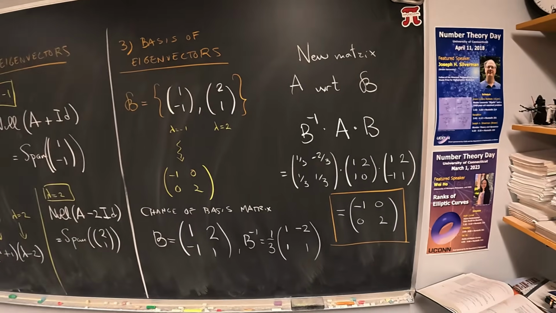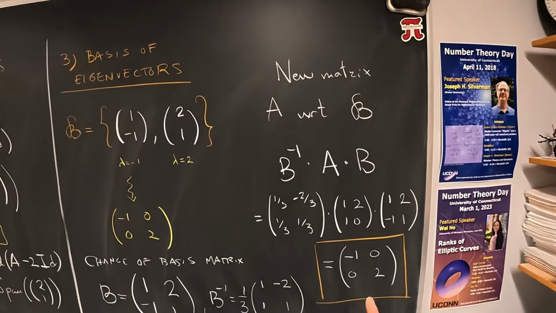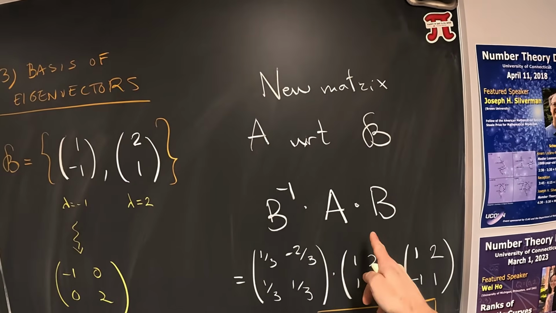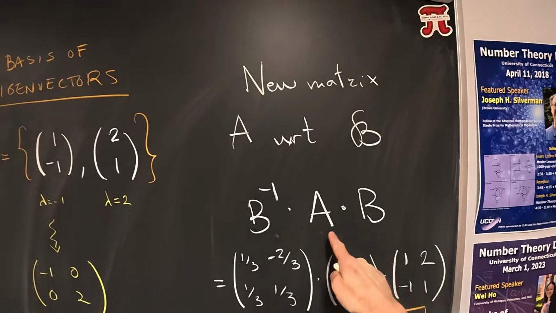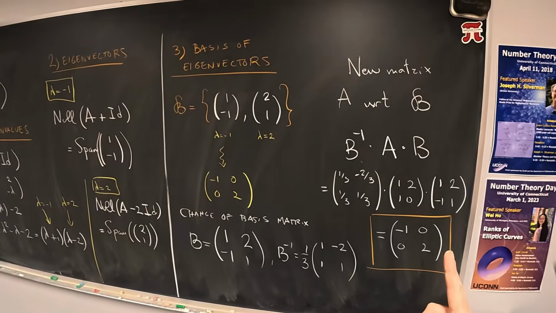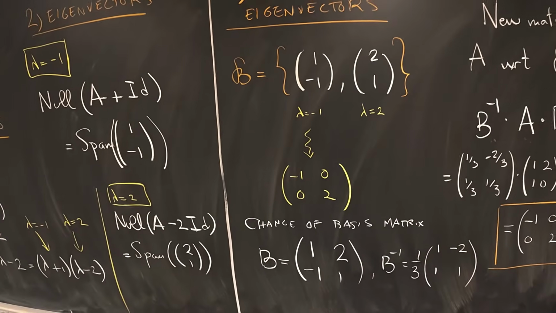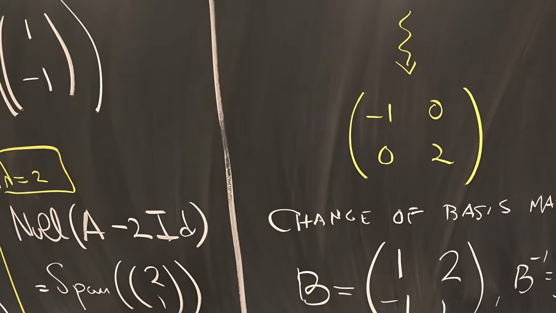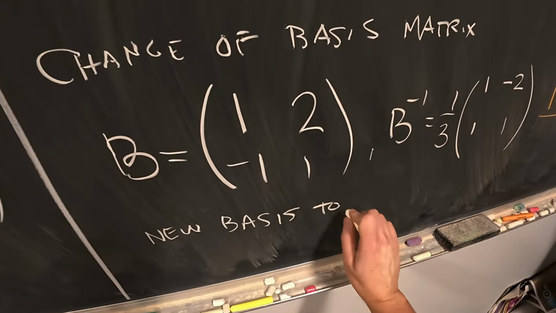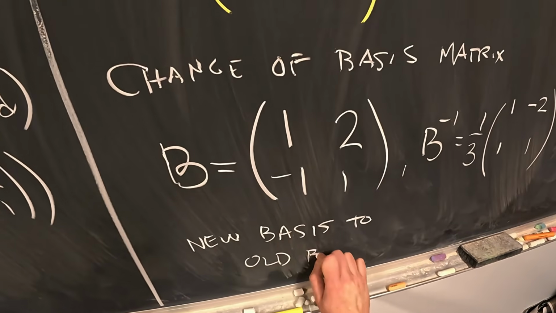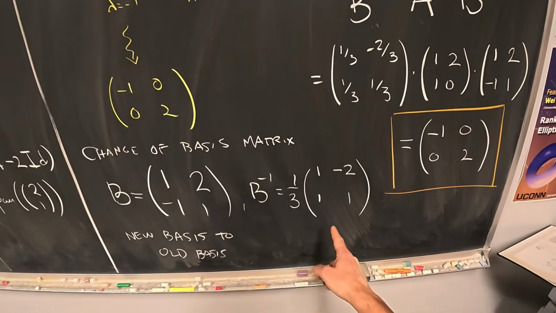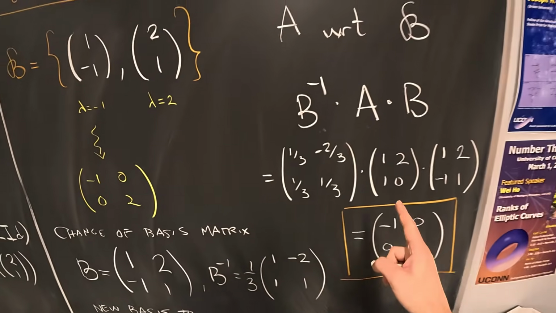Last, I will say that I always get confused and try to figure out whether it is B A B inverse or B inverse times A times B. The way to remember this is that this matrix B goes from the new basis to the old basis, which in this case is the canonical basis. This one goes from the old basis to the new basis.